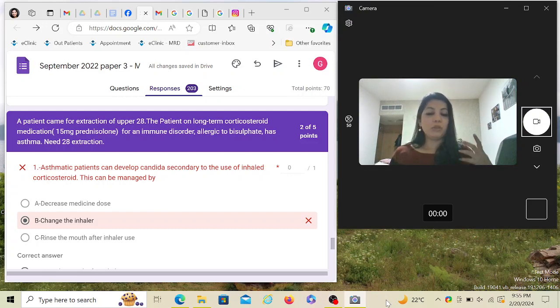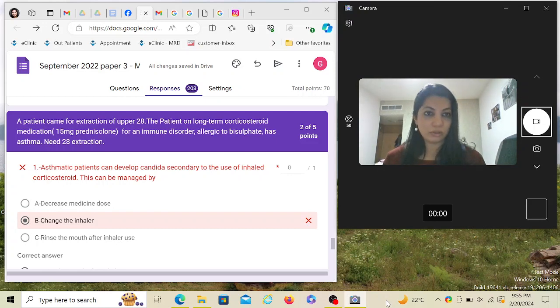So your body won't be able to deal with the situation, and hence you have to sometimes double the dose according to the procedure that you're performing. So when you read this line, long-term corticosteroid medication, your ears should shoot up, and you'll be like, okay, I may expect a question where it can ask, should I be doubling the dose of steroid or not, etc.